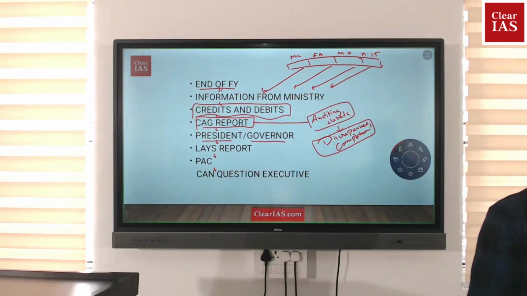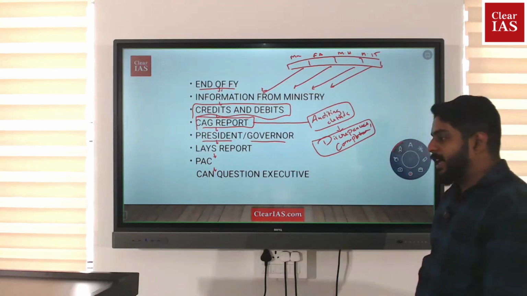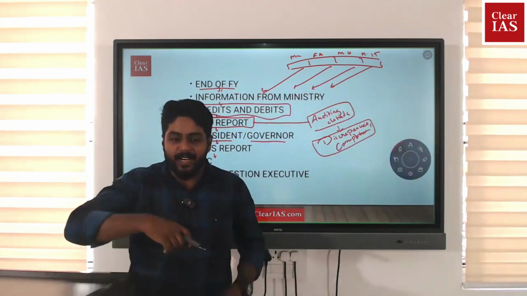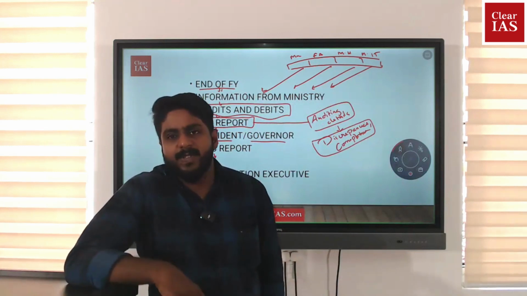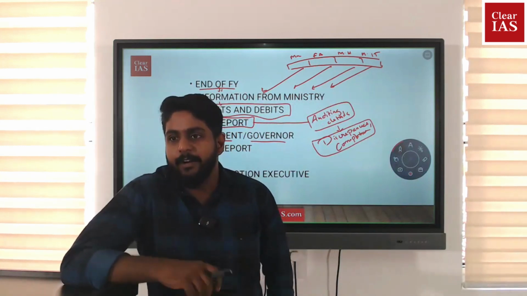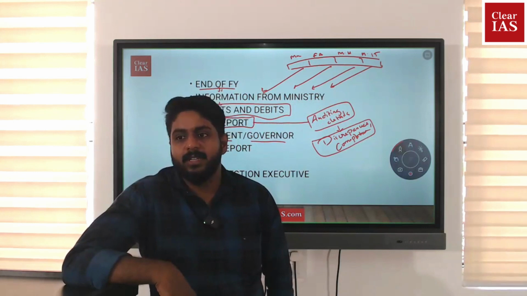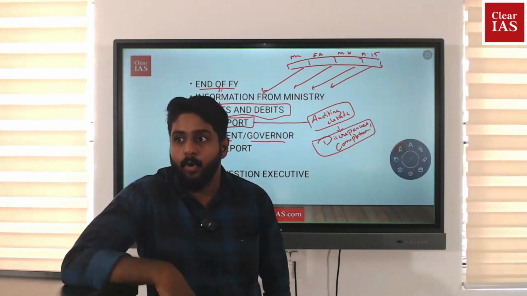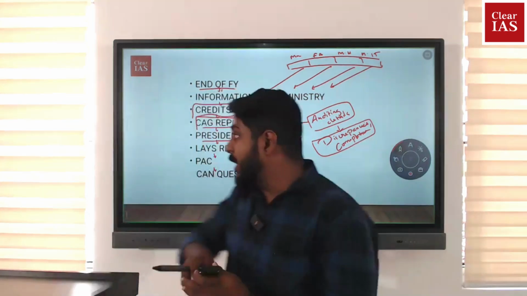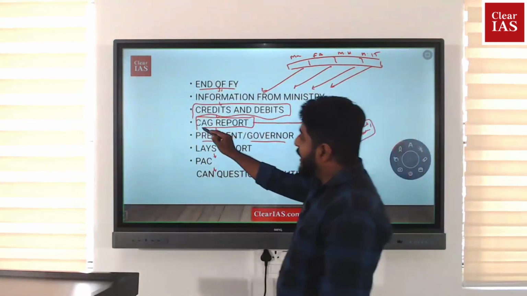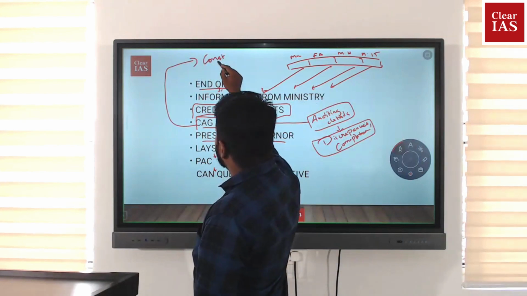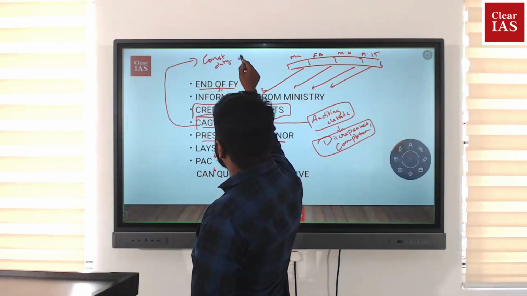Now, can the Comptroller and Auditor General decide that this year he will not submit the report? I just don't want to create any struggle or trouble for the government, so I am not preparing the report for the time being. Is it possible? No. It is a constitutional duty. The CAG report is the constitutional duty of the Comptroller and Auditor General.